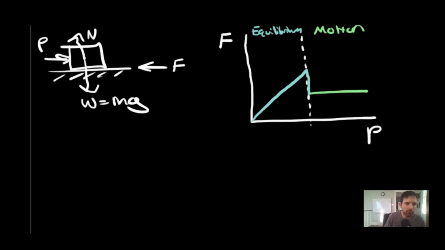As you go along, as your pushing force increases, let's say you're starting from the block having no forces applied to it other than its own weight and the normal force. As you apply force, and as your force increases, your friction force, which is opposing that pushing force, also increases.